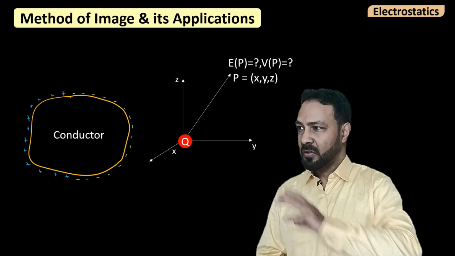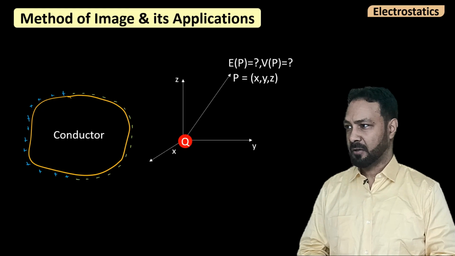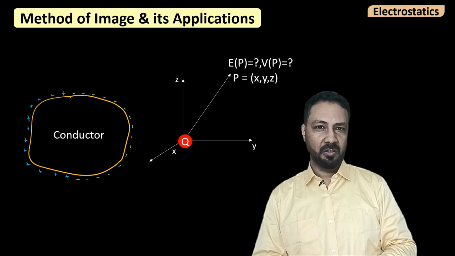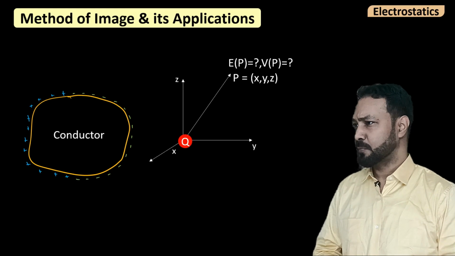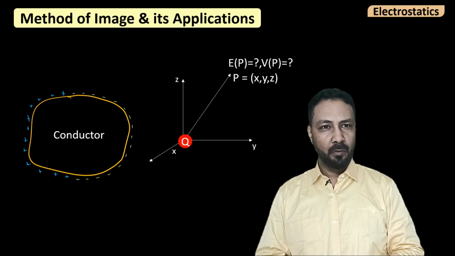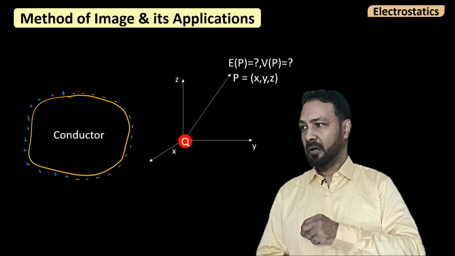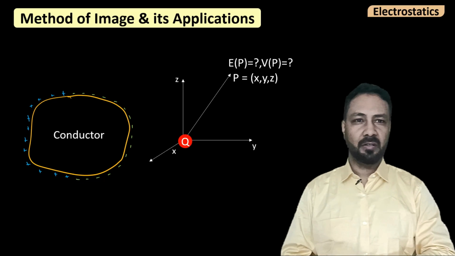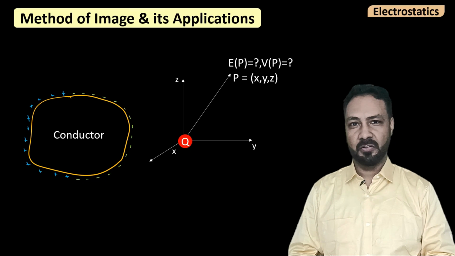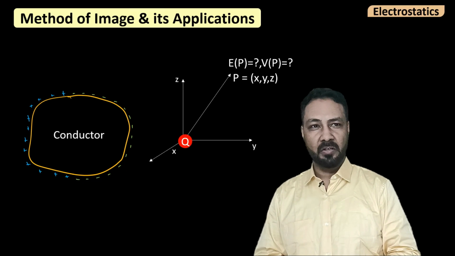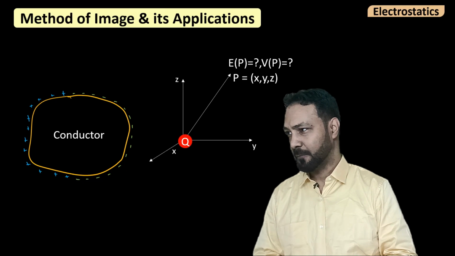Though the conductor is still neutral, it is divided into plus and minus charges. Now how these plus and minus charges distribute themselves will be decided in such a way that the net electric field due to these charges and the charge plus q placed there, that is, due to all charges in space, becomes 0 inside the conductor.